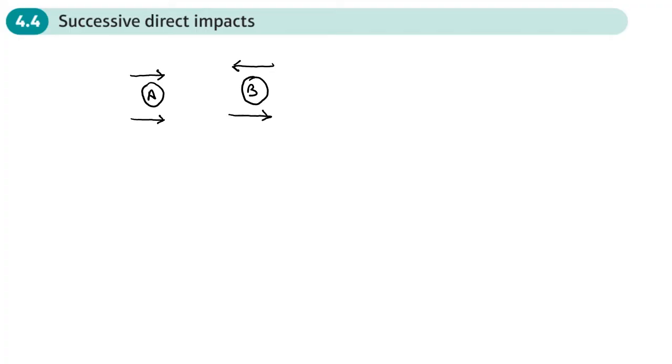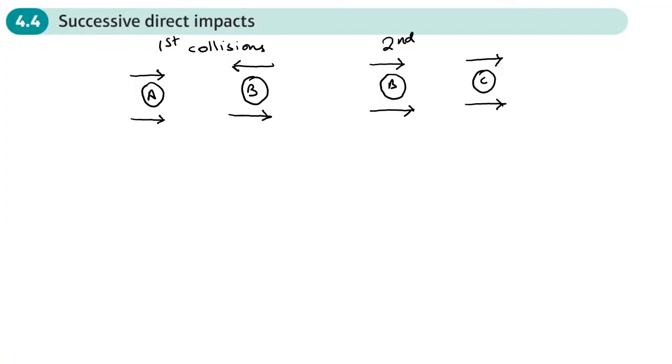This will be the first collision, and then B goes on to hit C. C might be at rest or something like that, and this goes on to hit this one, and then this carries on in that direction. This will be the second collision.